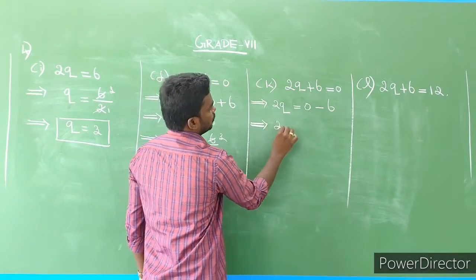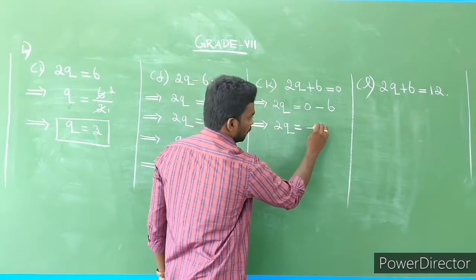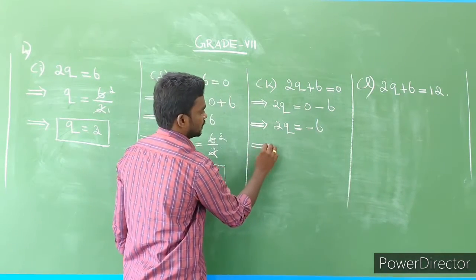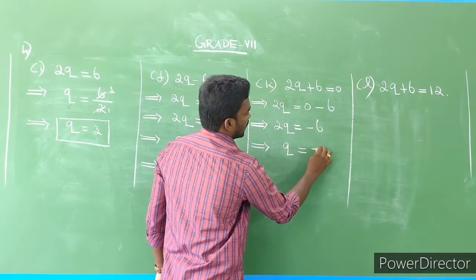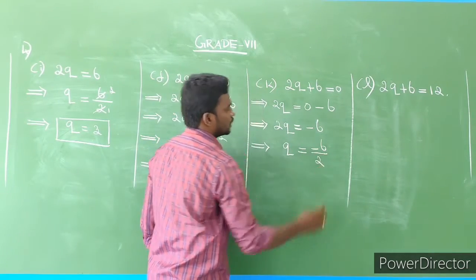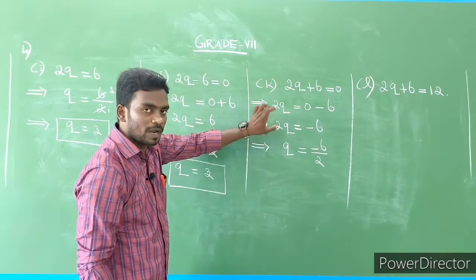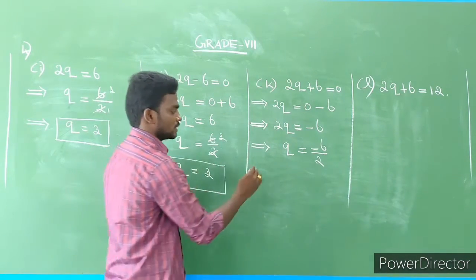Implies that 2q is equal to, what is the value of 0 minus 6? That is minus 6. Implies that now keep the value q on the left side and minus 6 on the right side. This 2 is multiplication on the left side, which is transposing to division on the right side.